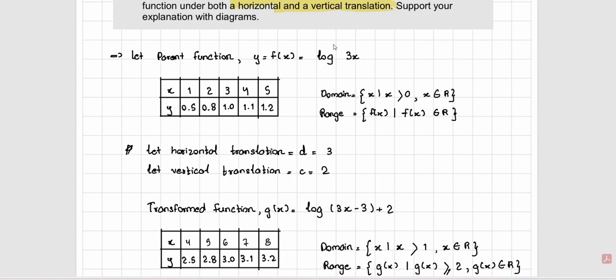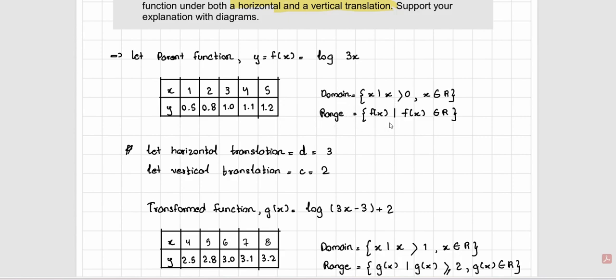So according to the rule, the values of x in the function log x cannot be 0 or negative, it only accepts positive values. And this is the domain.